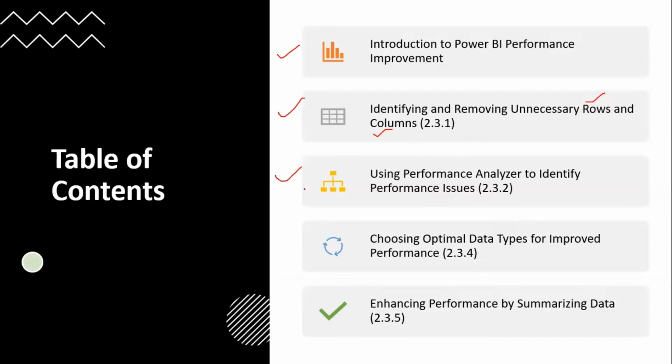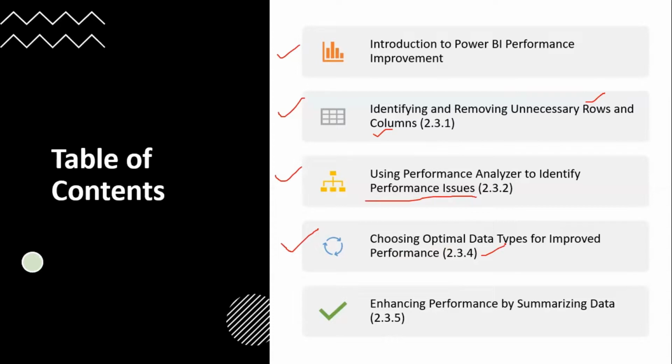Then by using performance analyzer, you can identify the performance issues, whether it is taking more time for the execution, or what is the time to reflect the interactions of your visualization.